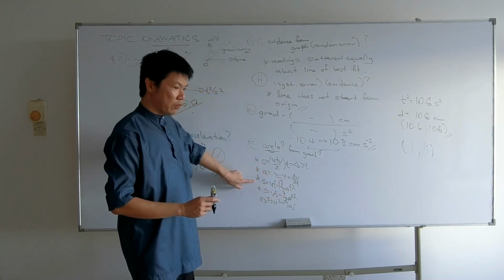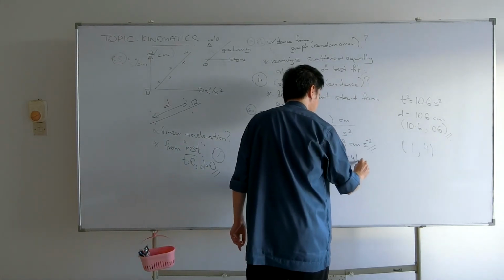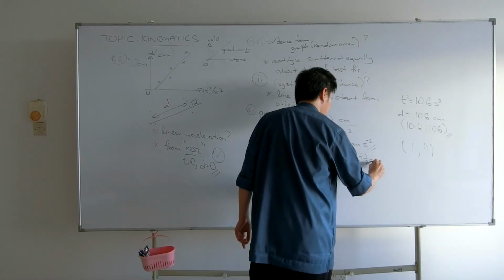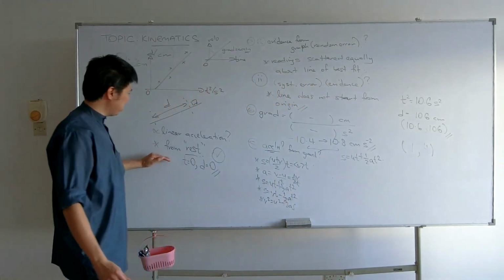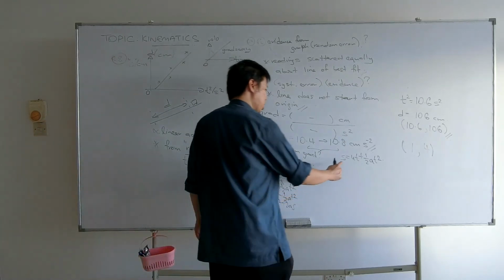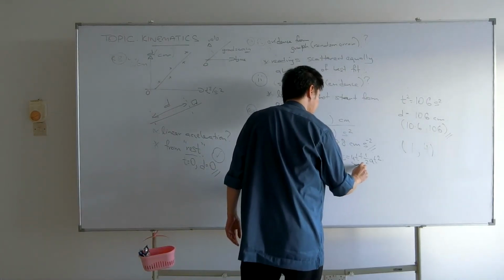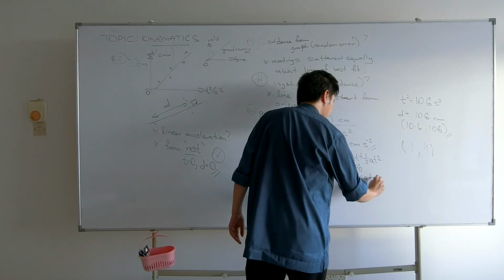Let's say you chose S is equal to UT plus half AT squared. According to the first information, it begins at rest. That means your initial velocity is equal to 0. So you have S equal to half AT squared.